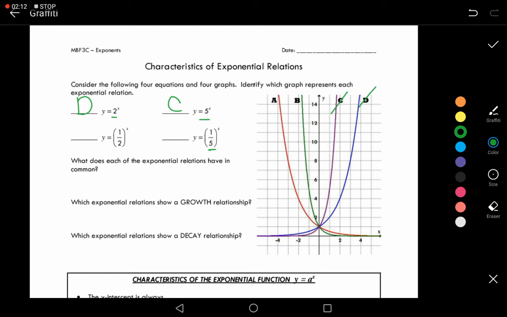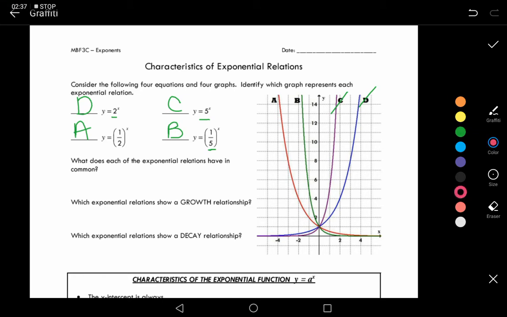We can see that B is growing quicker than A if we are going up to the left. So that means that B has to be (1/5)^x, and A is (1/2)^x.